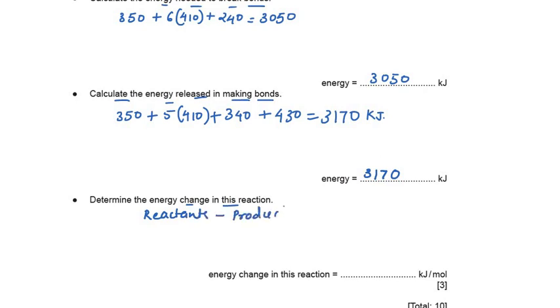This is how we find the change in the energy. For the reactants, which we have already done, this is 3050 minus 3170. If we subtract these two values we get a negative answer, that is 120. So our answer for the change in the reaction is minus 120.